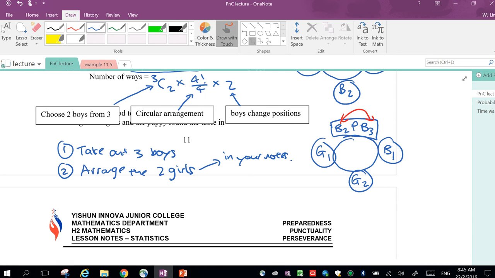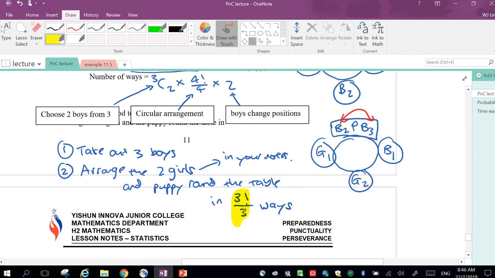Step 2 is to arrange the 2 girls and the puppy round the table in 3 factorial over 3 ways. This is the blank that you need to fill in, the yellow highlighter one. Alright?